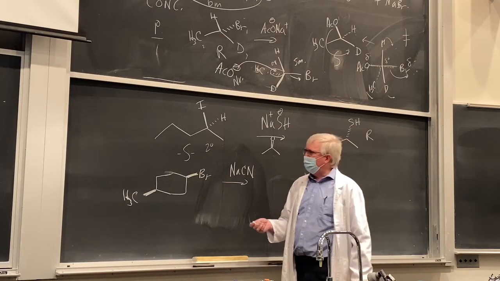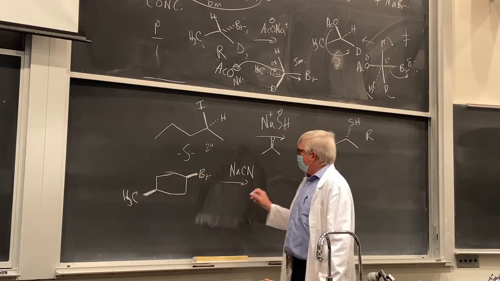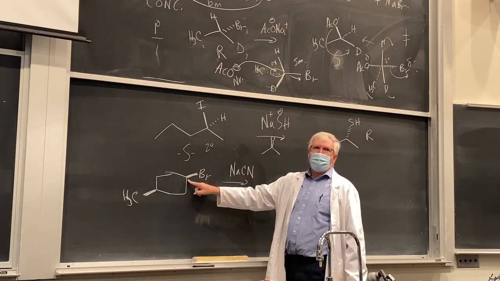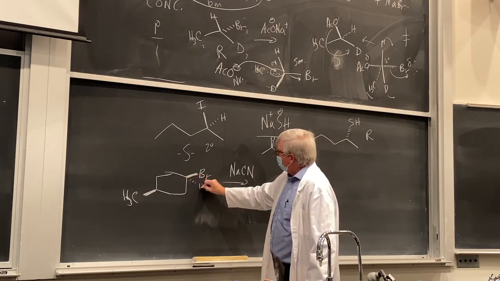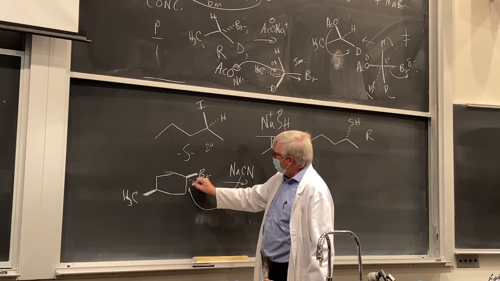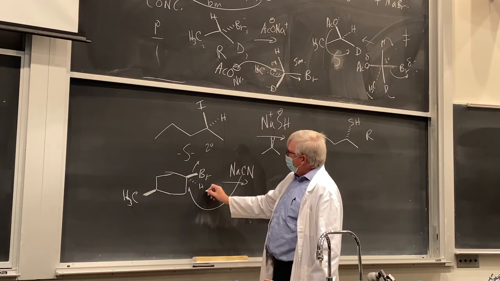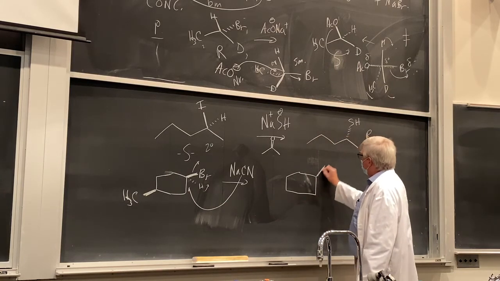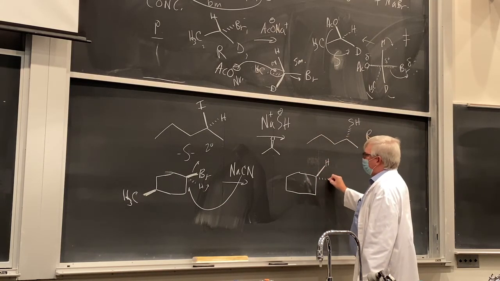It doesn't have to be chiral. It has this relative stereochemistry. This is cis, so what's the product going to be? Well, we need to invert that center, right? So we've got hydrogen here. So cyanide's going to come from the bottom and push that bromide off. And what that effectively does is it pushes this hydrogen up, right? So our hydrogen will be up right there.